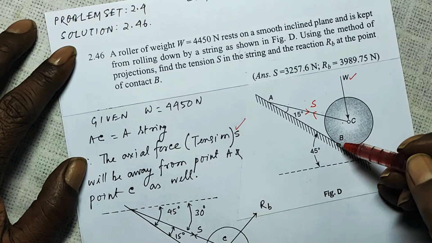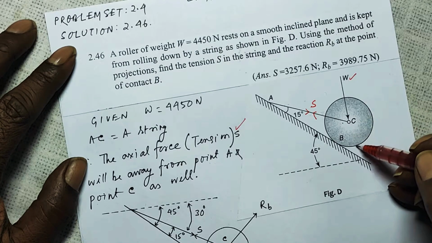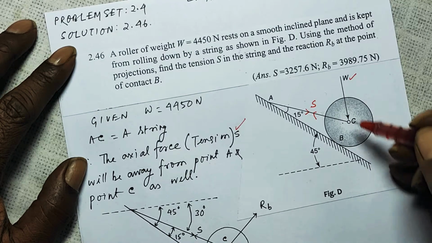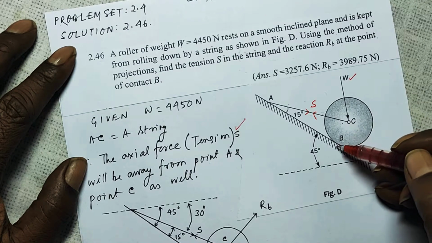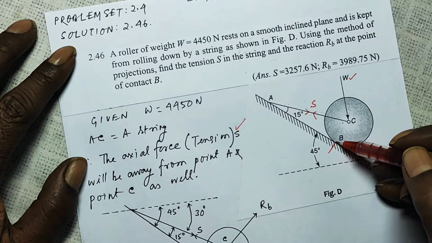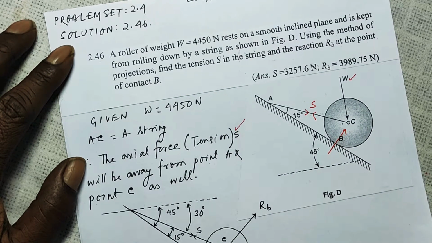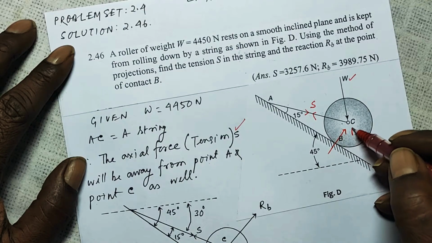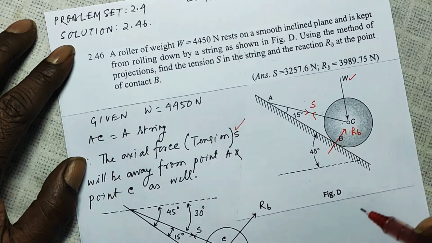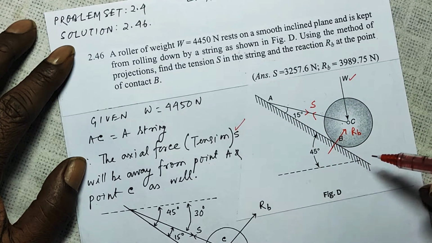And at the point B, this roller, due to its weight, the weight is vertically downward. A part of the weight will be acting to this side, called the action force. So there will be a reaction force to this side at the point of contact, right? Let that reaction force be RB. And as you know, the reaction force is always normal to the surface.